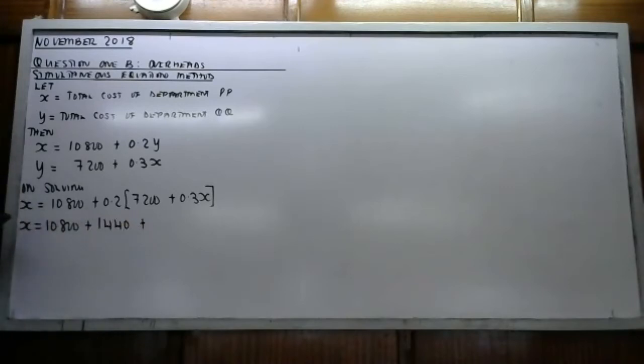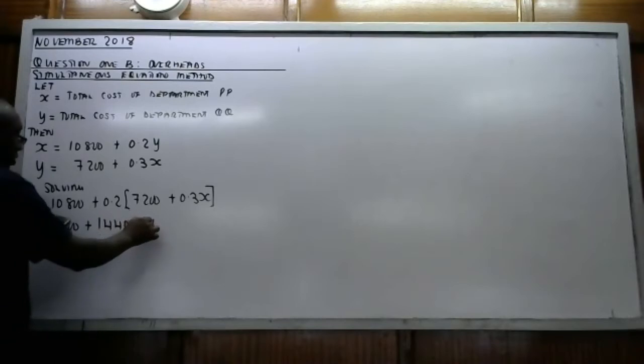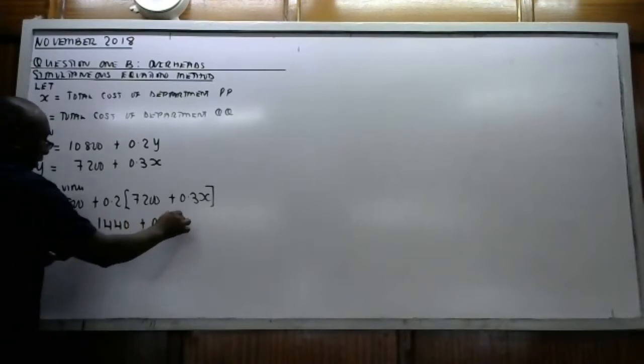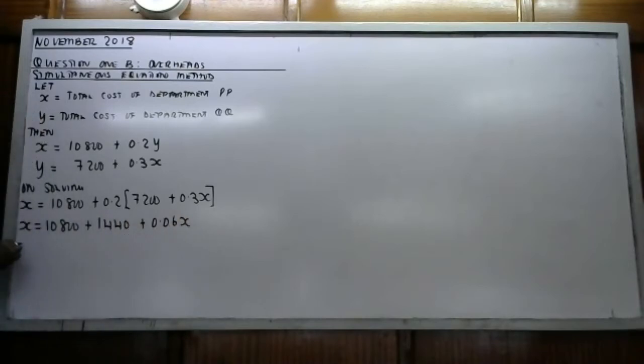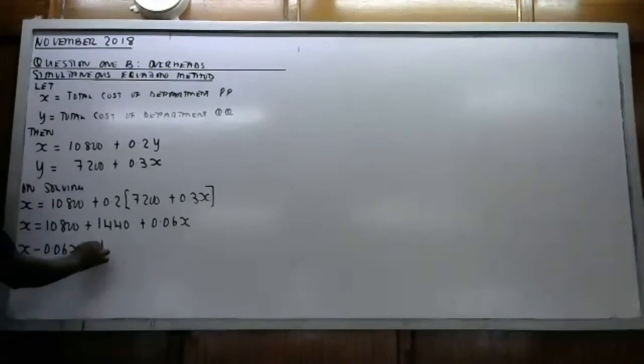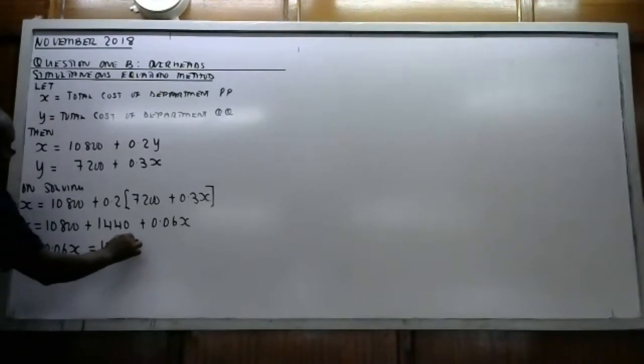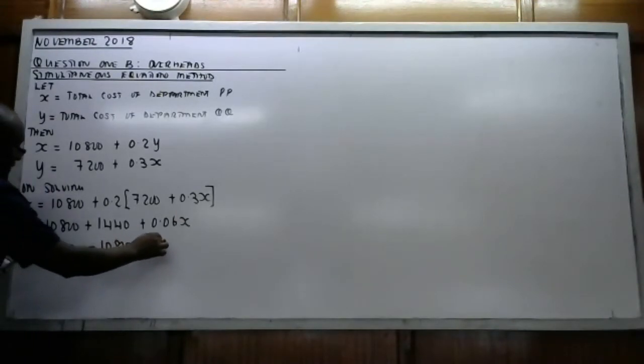Plus 0.2 times 0.3 is 0.06X. So X minus 0.06X is equal to 10,800 plus 1,440.